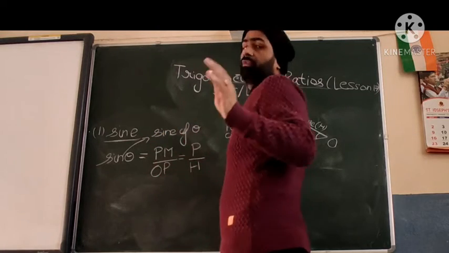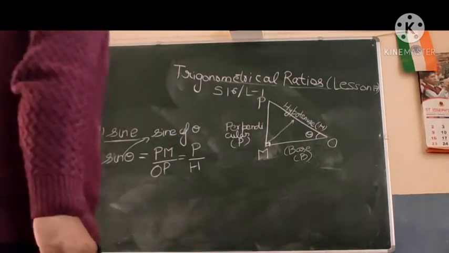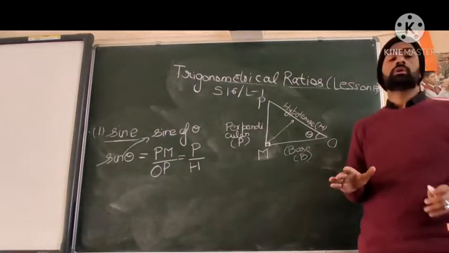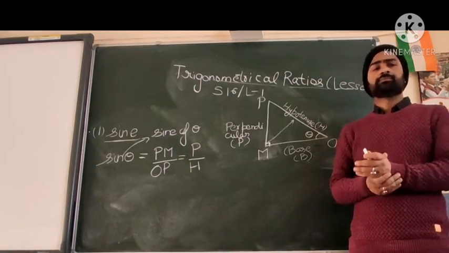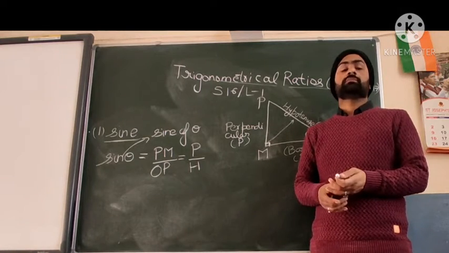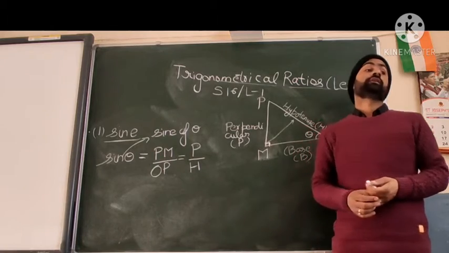I have started from very scratch, very grassroots level, because trigonometry is something that is exclusively new for you. You have not done it in any class, except in physics, where some people are writing the laws of refraction.